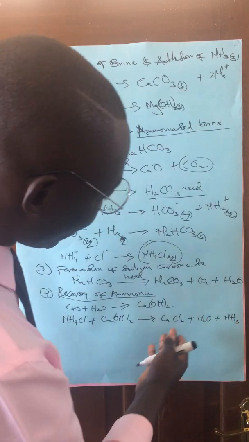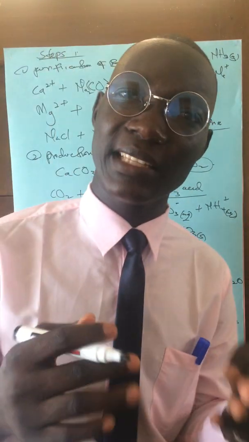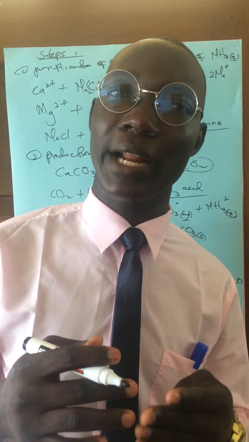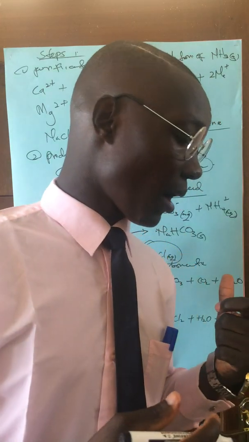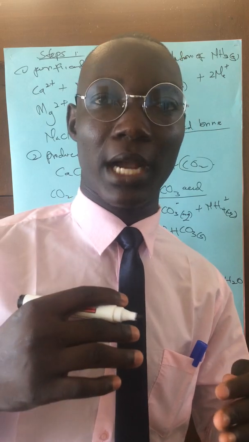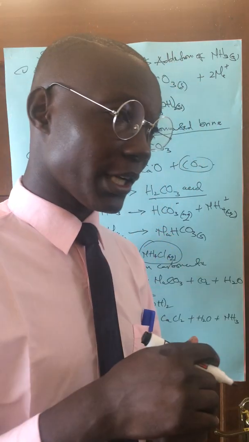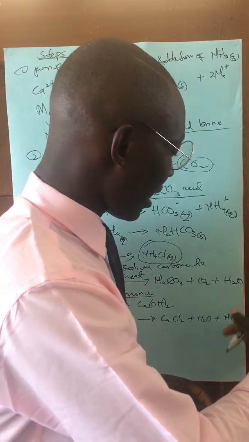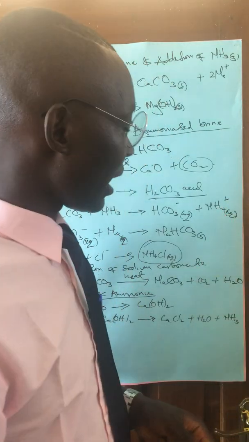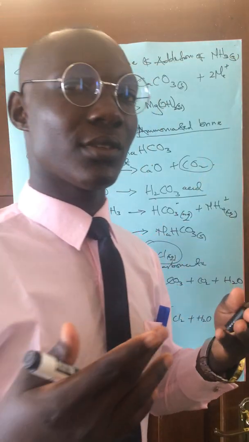After balancing the equation, now you can see we have calcium chloride, and this calcium chloride is the byproduct in this process. It is the only waste product in this process. You can see now we have recovered ammonia. We again take this ammonia to the process, and the process continues.